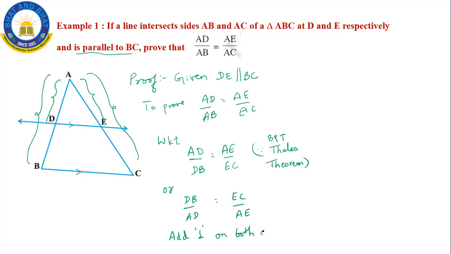This small modification I will do. If I do this, what will I get? DB divided by AD plus 1 is equal to EC divided by AE plus 1. Now you can ask me a question that, sir, how will I get to know to add the number 1 on both sides?